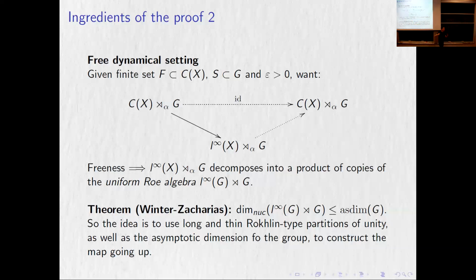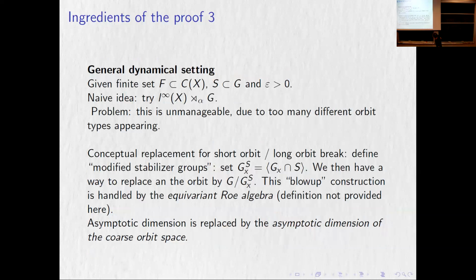So I'm going to have all manners of different orbit types appearing there. And there might be infinitely many of those. It might be unmanageable. We don't quite know what to do with that. So we had some way of dealing with that, right? The first attempt you might make is to just look at l infinity of G, with G acting on that, and try to use that instead. You realize that there are too many things there. So we had this idea of saying, well, and this is really a more conceptual version of what we call the short orbit, long orbit version.